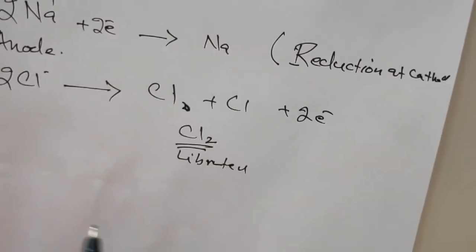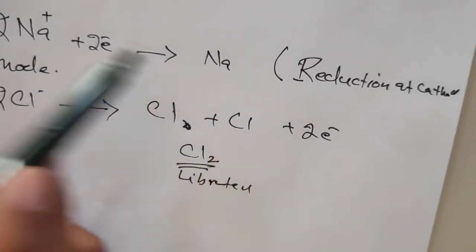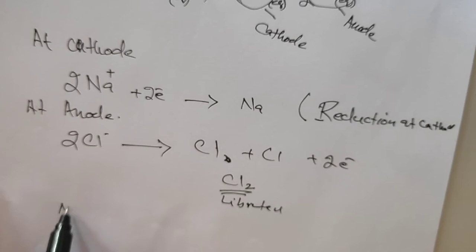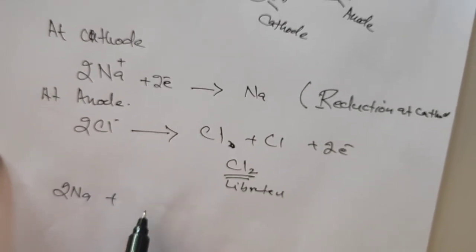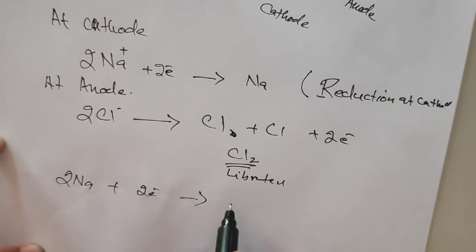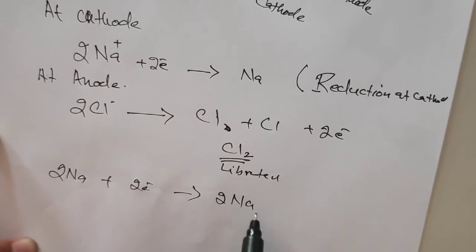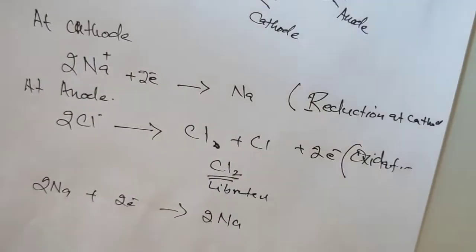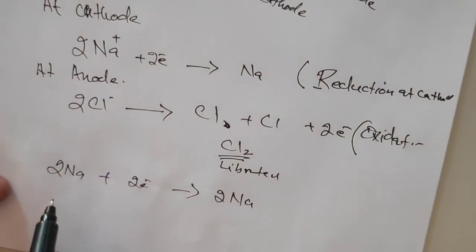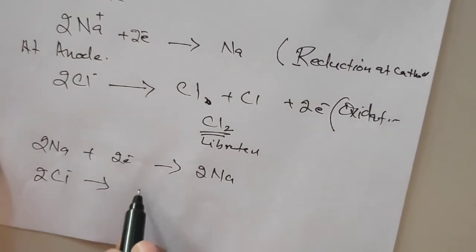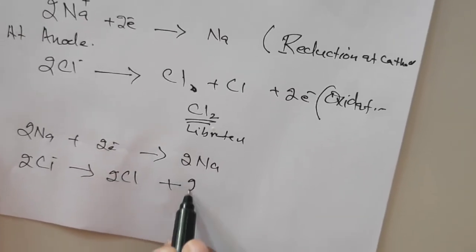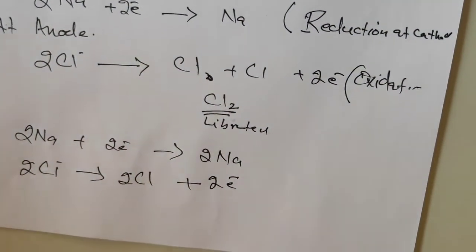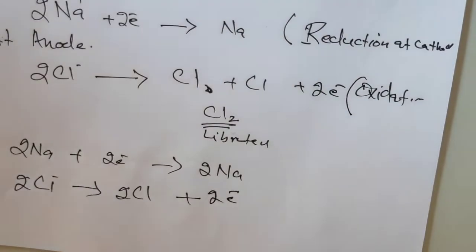So now at the cathode we can easily collect the sodium metal. So we carry out the overall reactions. Here 2 sodium will gain 2 electrons, so become electrically neutral, 2Na. There will be oxidation at the anode, and here the 2 chlorine atoms will lose the electrons and become electrically neutral, and react with each other and make chlorine gas. It is liberated from the anode.